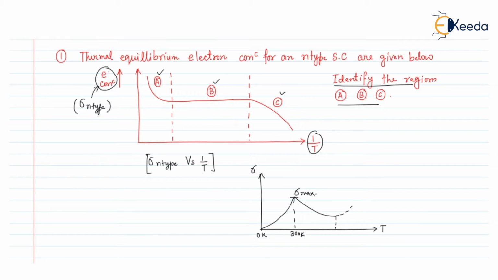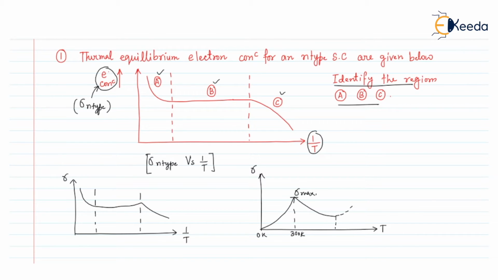Now if we plot this graph as 1 by T in the x-axis and sigma in the y-axis, then it will look like this type of region. So we can see this graph is given in the question.